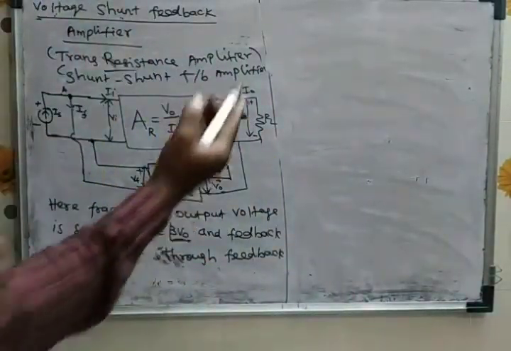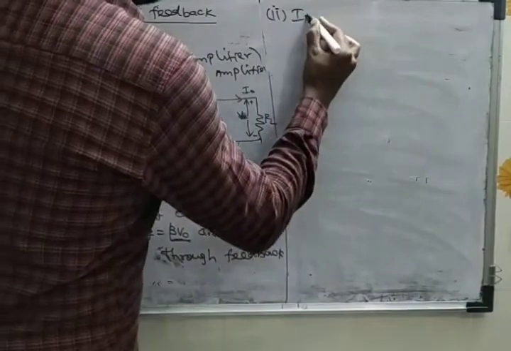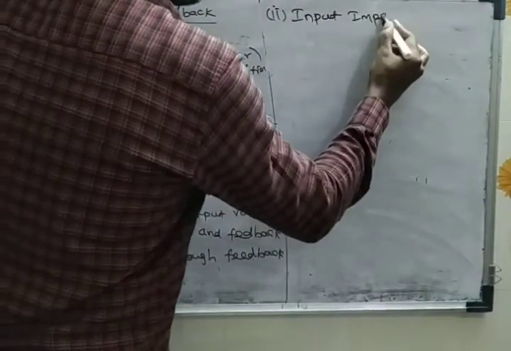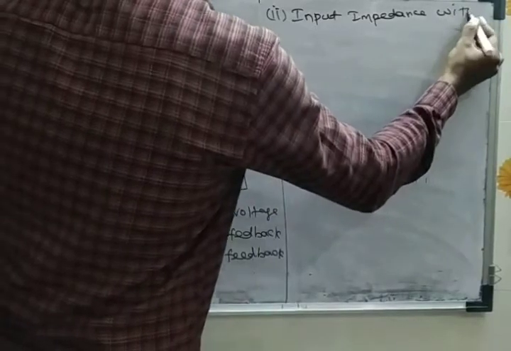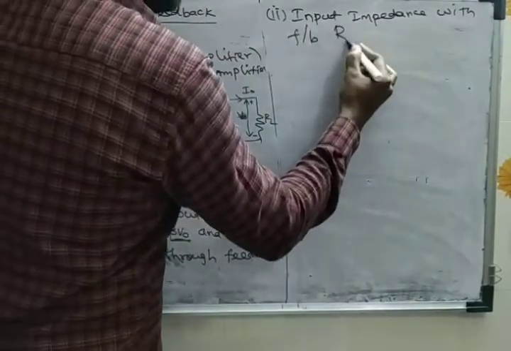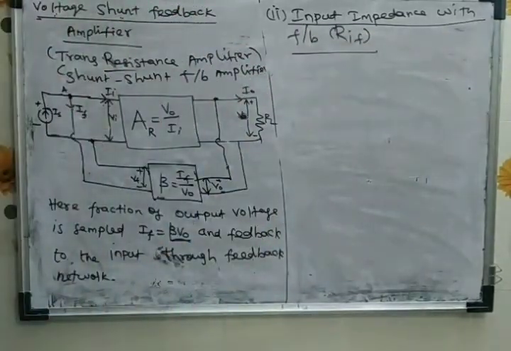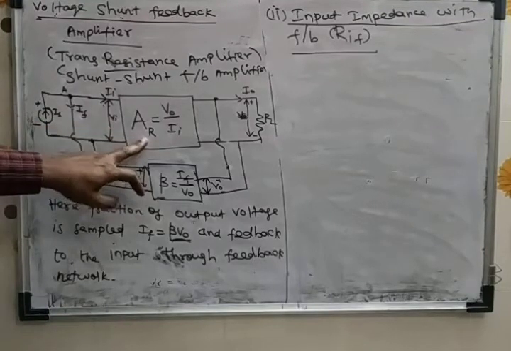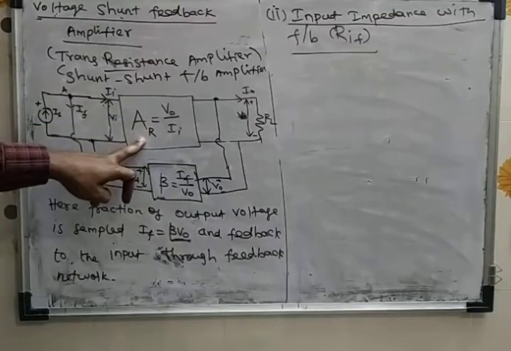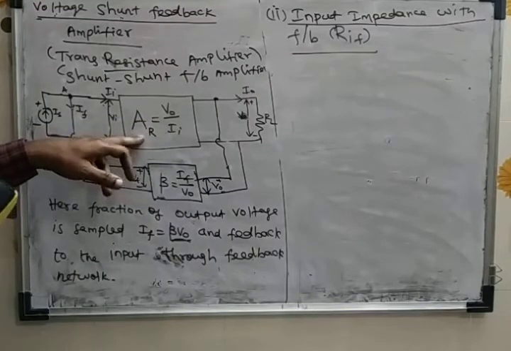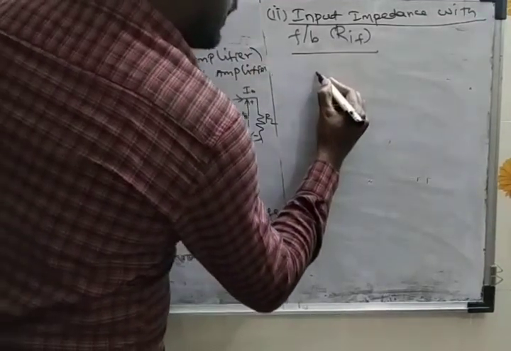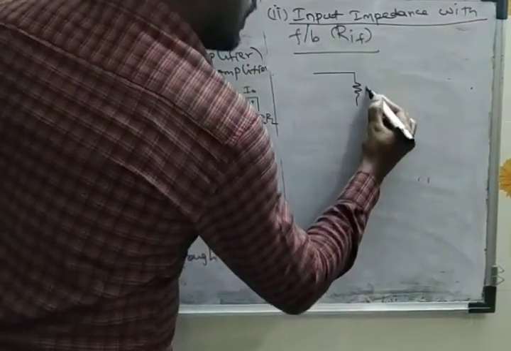So now, input impedance with feedback. Input impedance with feedback is RIF. To find input impedance and output impedance, we have to replace this amplifier with the h-parameter equivalent circuit. So here we have Ri.